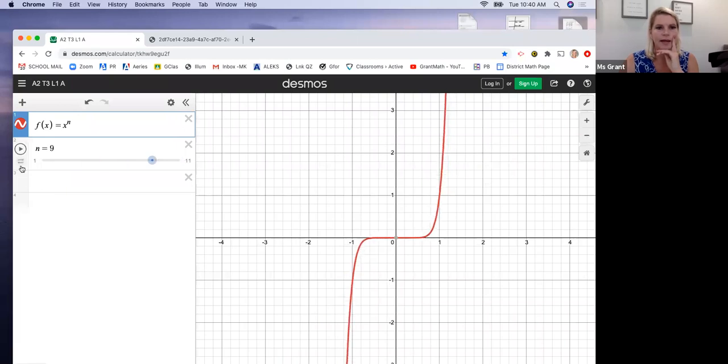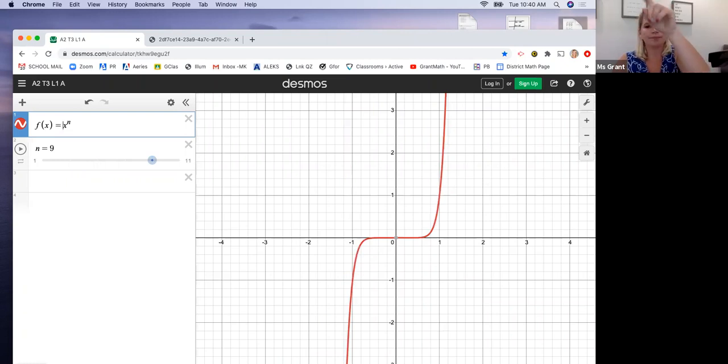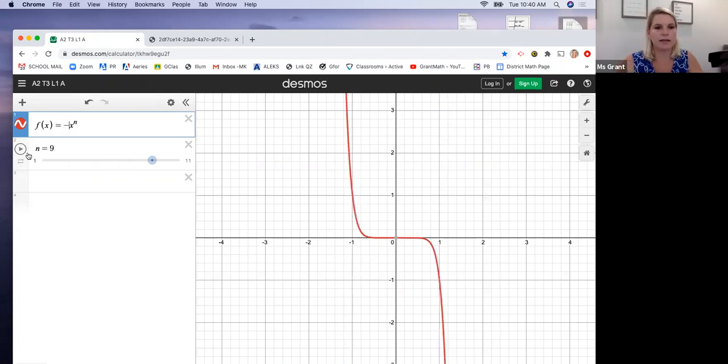Okay. Now, what if I put a negative sign in front? Look what I just did right here with my mouse. I just put a negative sign in front of my leading coefficient, which means that it used to be going from low on the lower left to high on the upper right. Now when I put a negative, it switches directions. Now let me press my play button for my animation.